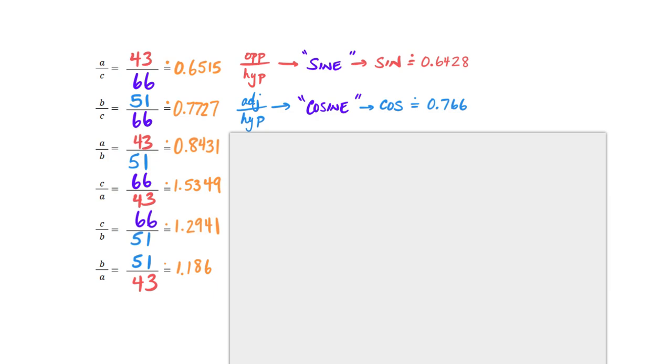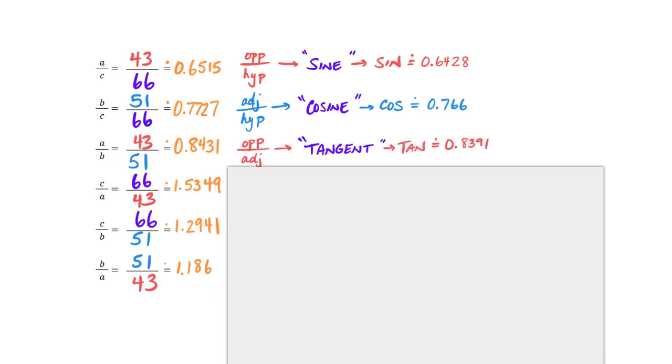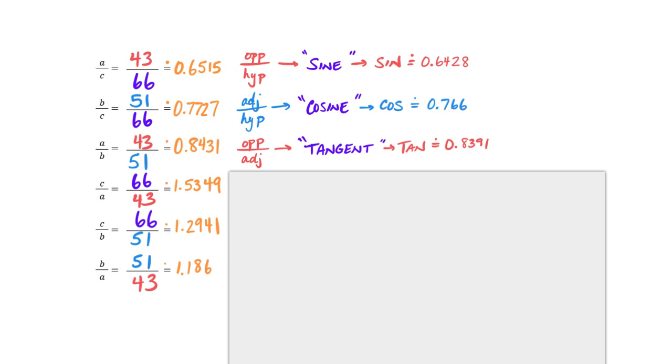Okay, the next one. If I took my opposite and divided it by my adjacent, then that is called your tangent ratio. It has a short form, 3 letters again, TAN. If you were to calculate your tan ratio, you should have got 0.8391. Again, see how close you are, and how accurately you were able to draw your triangle.